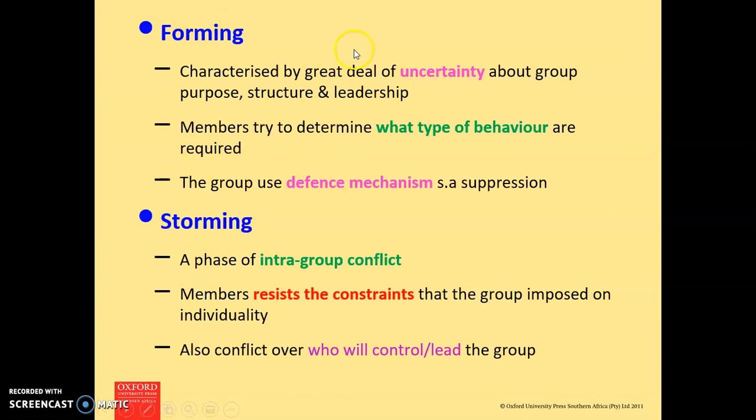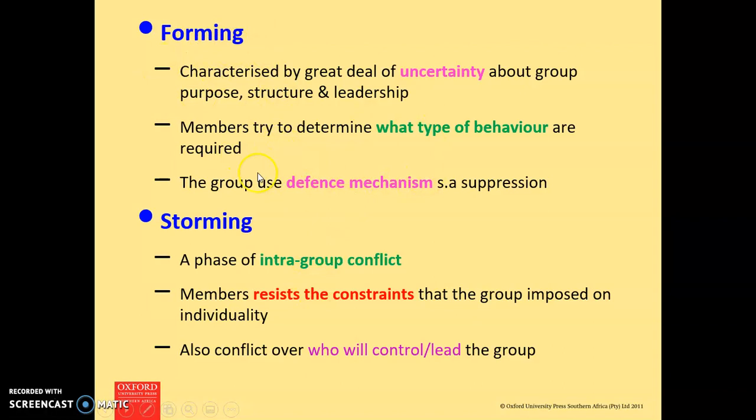Forming is characterized by a great deal of uncertainty, especially in the beginning when members do not know each other. So they have uncertainty about the group, especially regarding the purpose, the structure and who is going to lead the group. So members try to determine what types of behavior are required under forming.